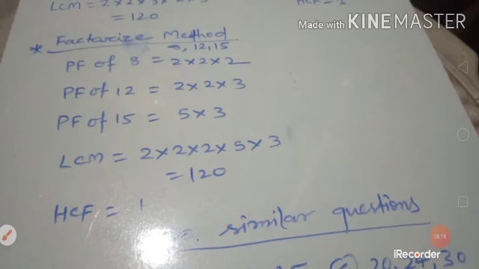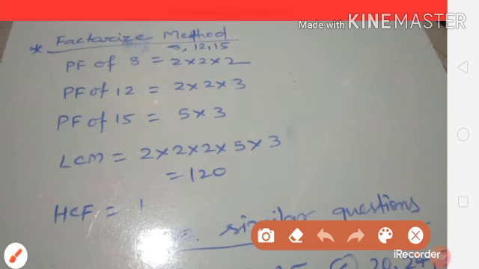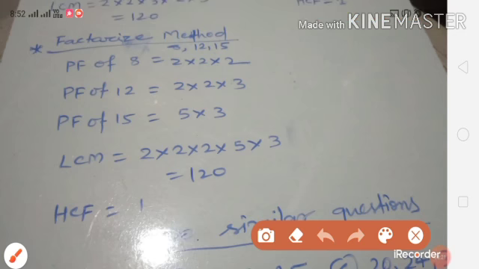Now we should also pay attention to the HCF. In the HCF, we should pay attention to which number is common in all. Here we see that 2 is not common in all, 3 is not common in all, 5 is not common in all. But you know that in multiplication 1 is common in every number.